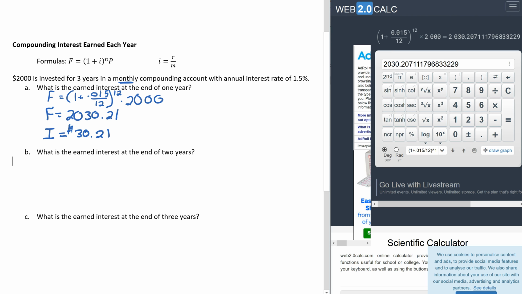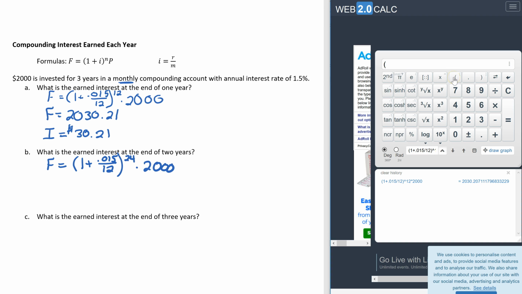B, what is the interest earned at the end of 2 years? Okay, so the future value is calculated the same way, with the exception that our exponent is now 24.